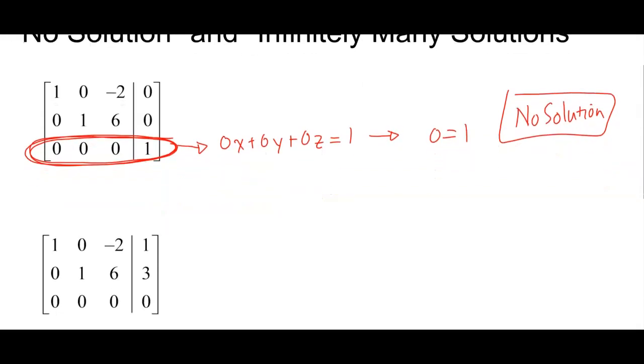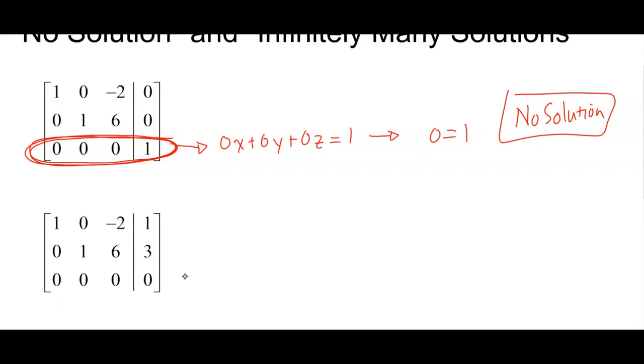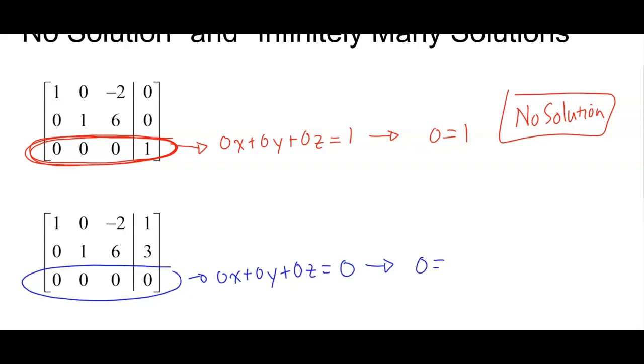Now compare that to this one we've got here, because this has a rather important subtle difference. If you look at that bottom row, this bottom row says 0x plus 0y plus 0z equals 0. In other words, 0 equals 0.